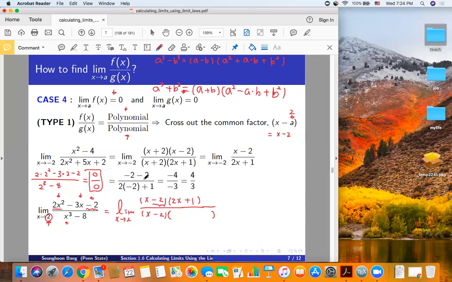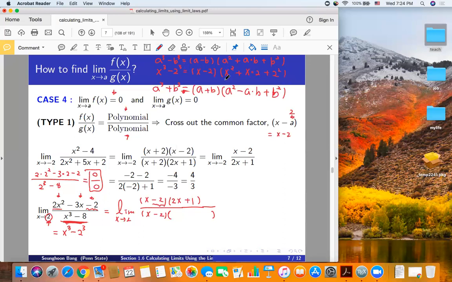So a cubed minus b cubed. Our problem is x cubed minus 8. Negative 8 is 2 cubed, so exactly here, x cubed minus 2 cubed. You can replace a by x and b by 2. Here, x minus 2 times (x squared plus x times 2 plus 2 squared).